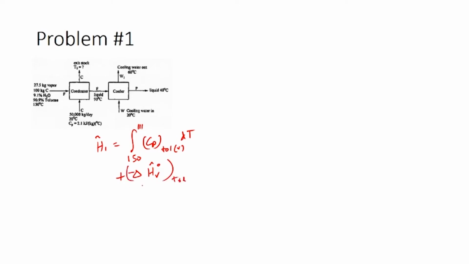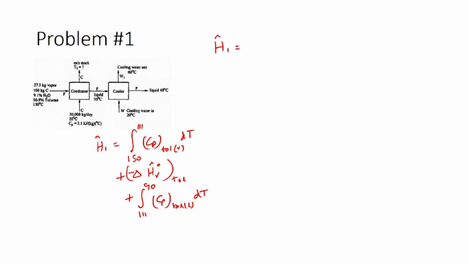We are using the negative of heat of vaporization because you have a condensation process happening here, not vaporization. So, it will be the negative of heat of vaporization plus integral 111 to 90 Cp of toluene liquid dT. Now that we have this as the expression for H1 cap, let us calculate it.